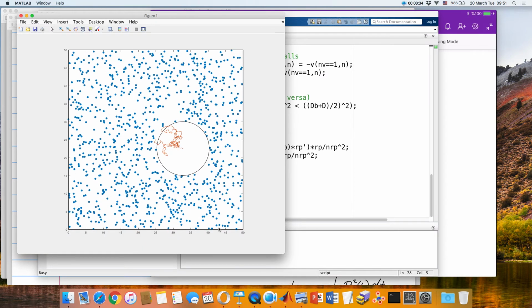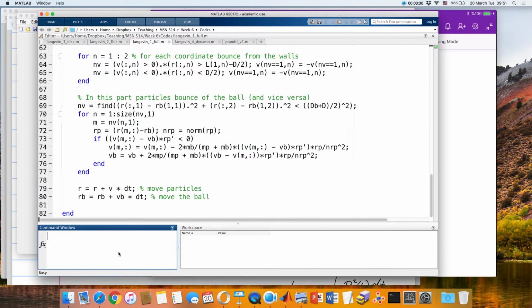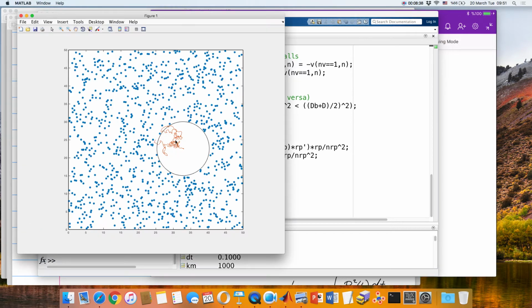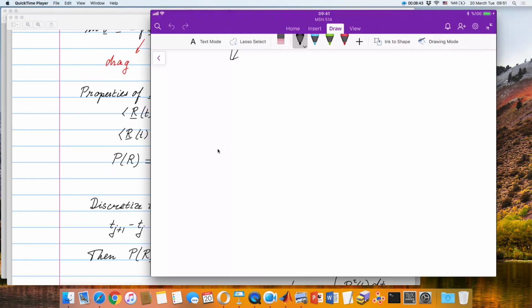In the meantime, we can stop the code. You can see that it's doing this Brownian motion. So let's think about it. So it's an object and particles are bouncing off this object, right? And let's say we want to write an equation of motion for this large object, okay?